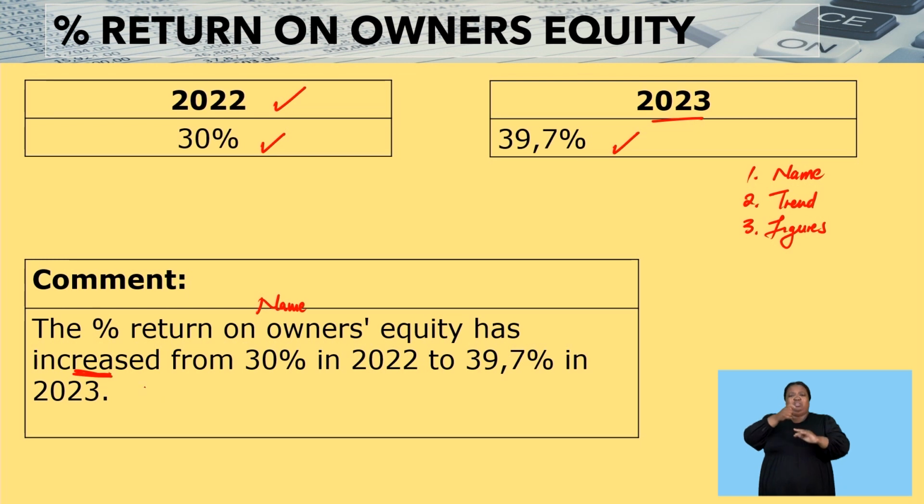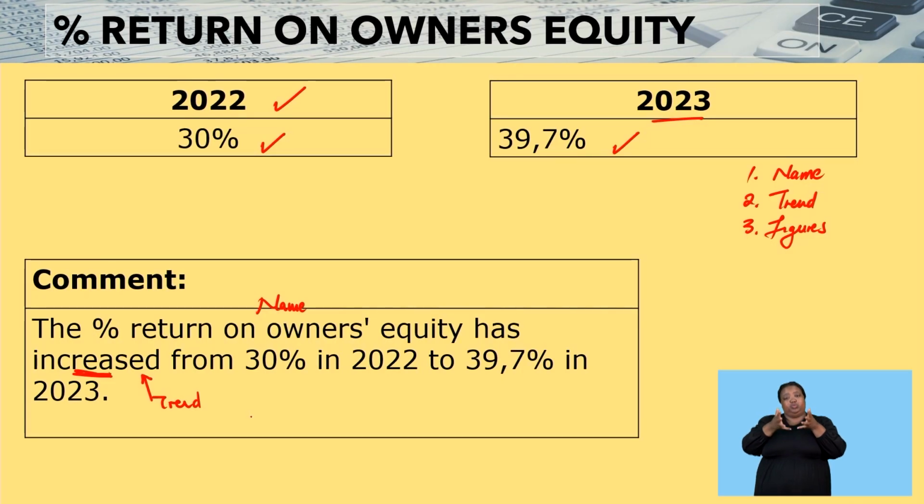The word increased is the trend. So you have to know, you either get an increase or a decrease, or the amount remains constant. Those are normally the words that we use. It has improved or it has declined. All right? So this is the trend over there.